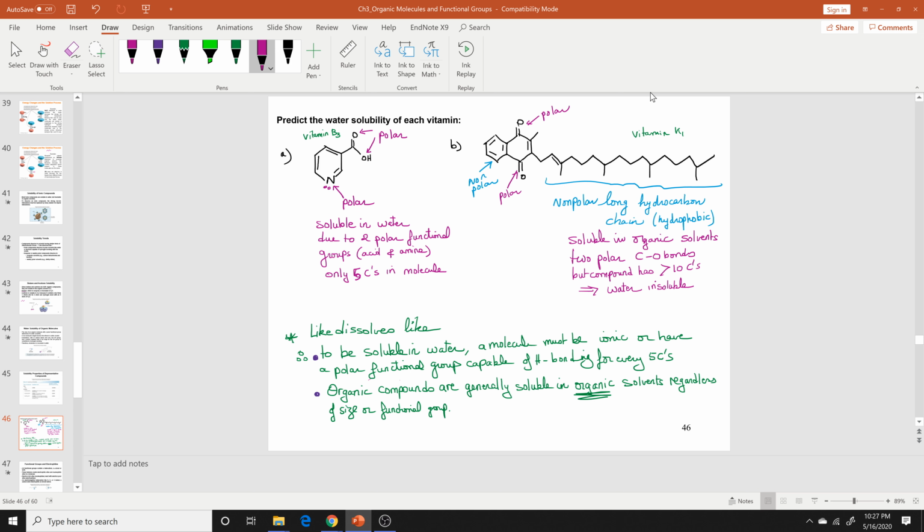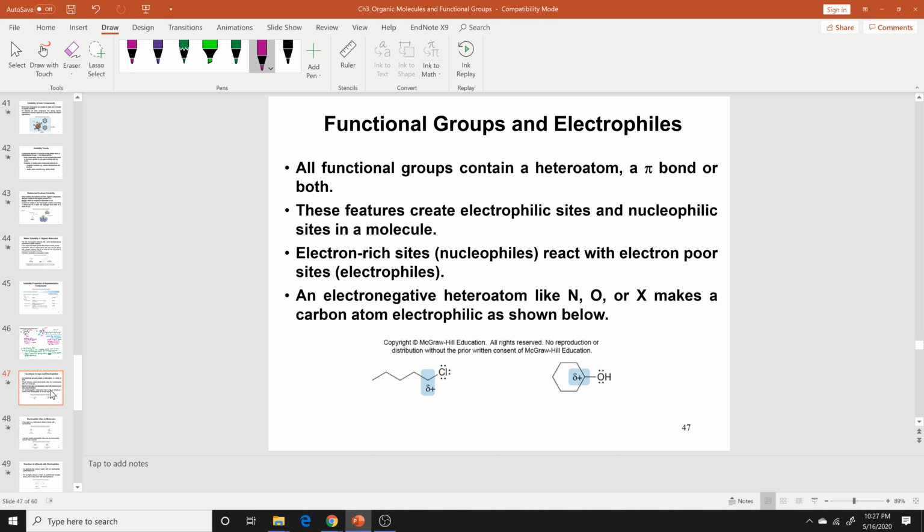With respect to organic compounds, normally they are soluble in organic solvents regardless of the size. So we don't care about how many carbons we have in the structure, because immediately these organic compounds will be soluble in organic solvents.